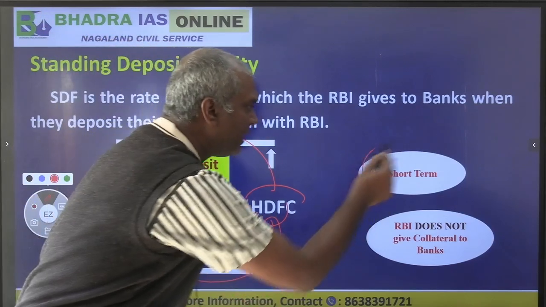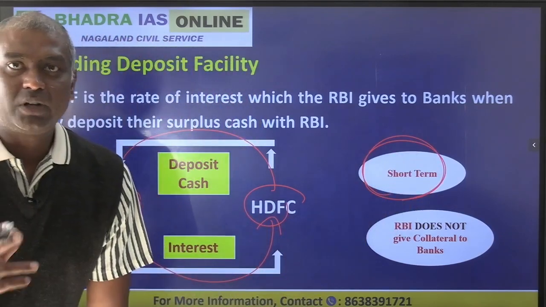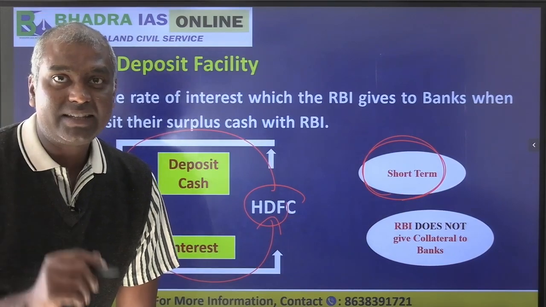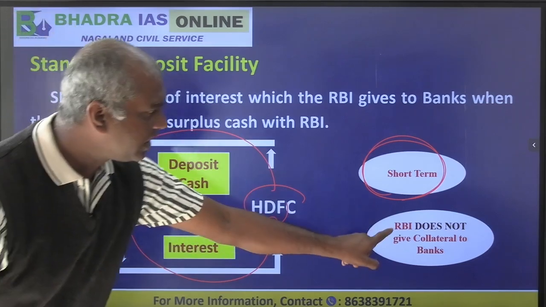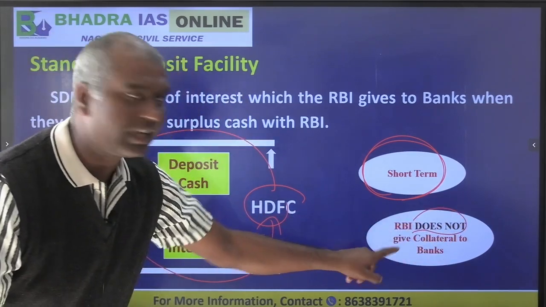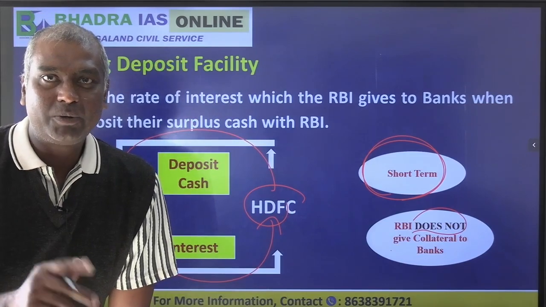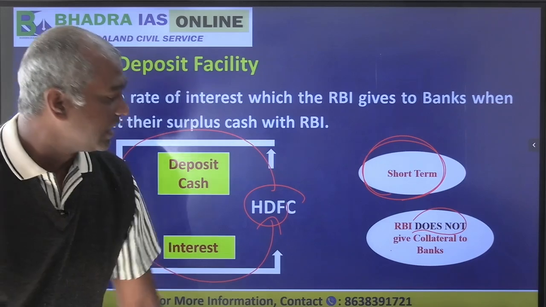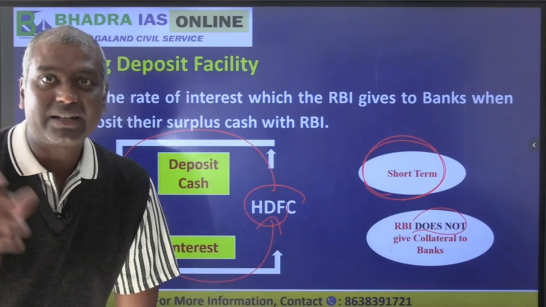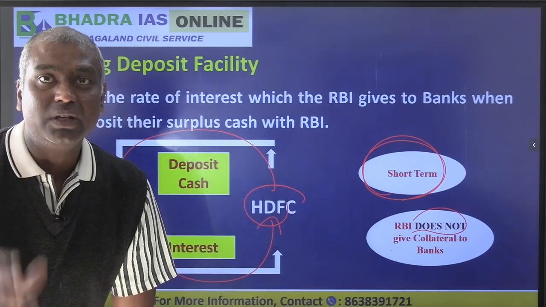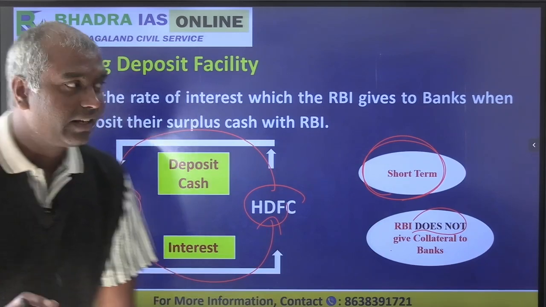It is also meant for a short term. So what is the difference? The difference is in SDF, RBI does not give any collateral to banks. In reverse repo, RBI gives collateral. In SDF, RBI does not give any collateral to the banks. Clear? That is the difference.